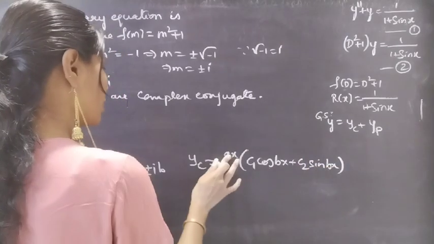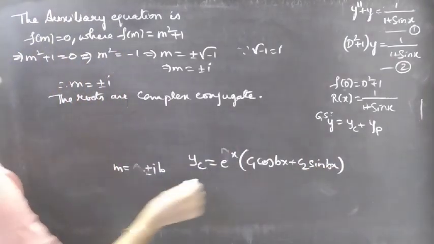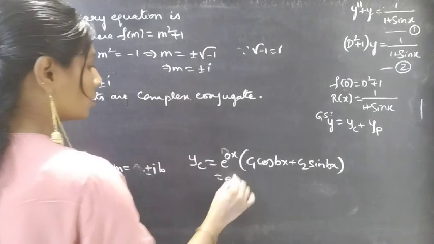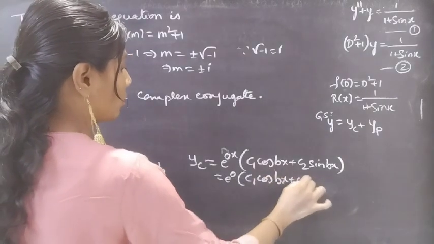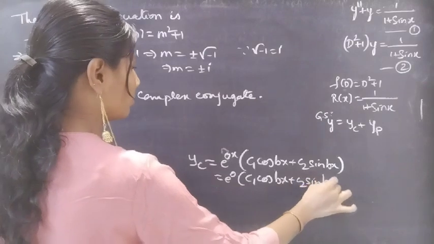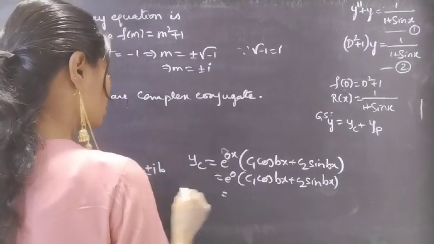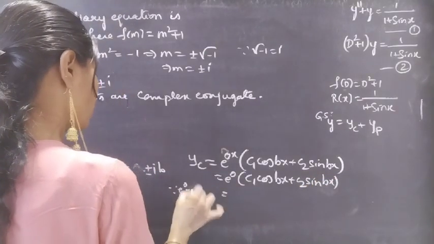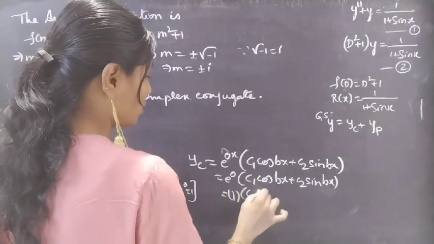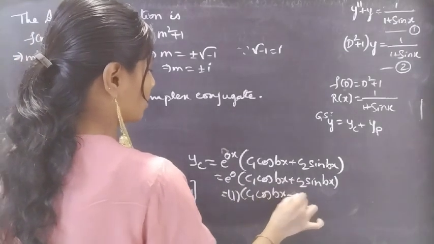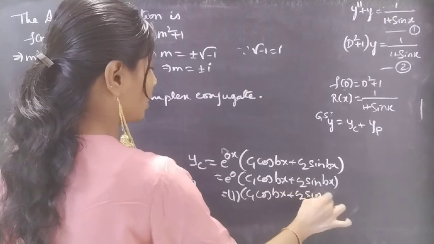In case of a equal to 0, we'll get e power 0 into x, which is e power 0 of c1 cos bx plus c2 sin bx. Since e power 0 is 1, we'll get 1 into c1 cos bx plus c2 sin bx.